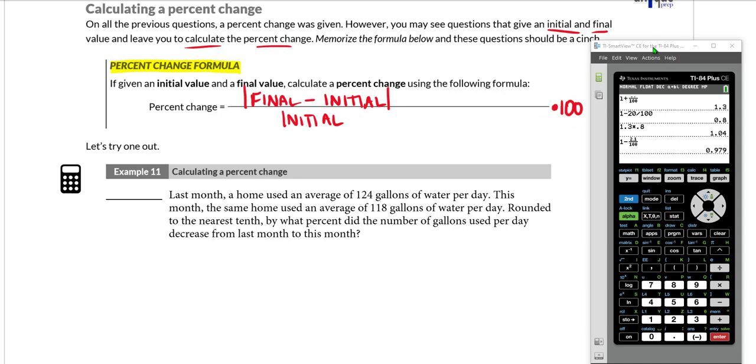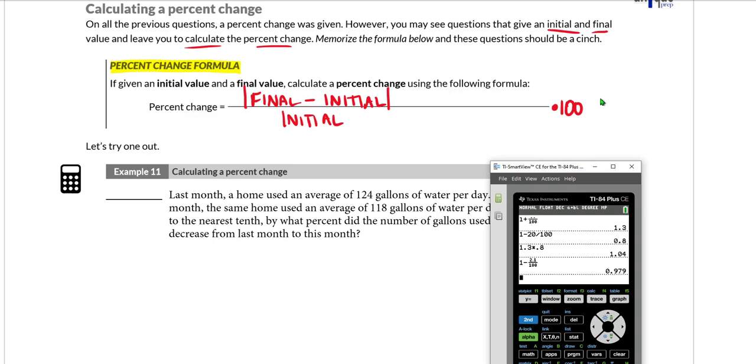Another way that we could write this, maybe even a little bit more simply, is the change over, so I'm going to draw a bar here, change over initial times 100. Change over initial times 100. That might be the easier way to remember this formula. And by the way, some of my students bring up that they've seen this formula before, maybe in chemistry where they're doing percent yields or something like that.